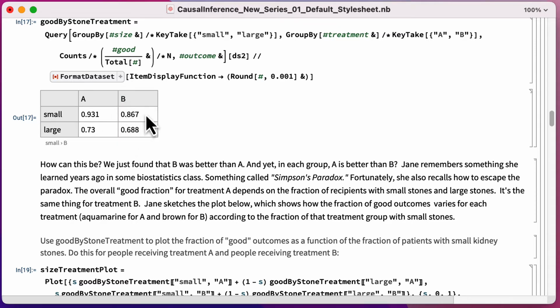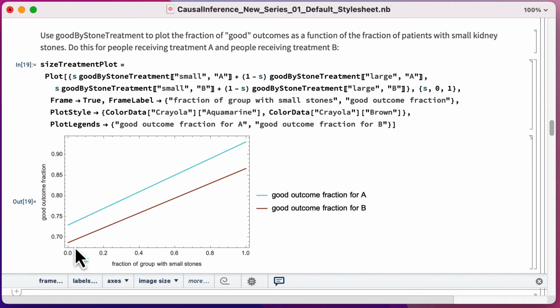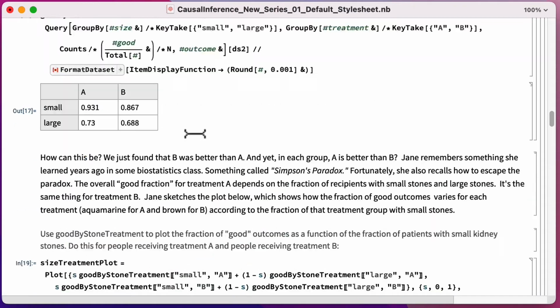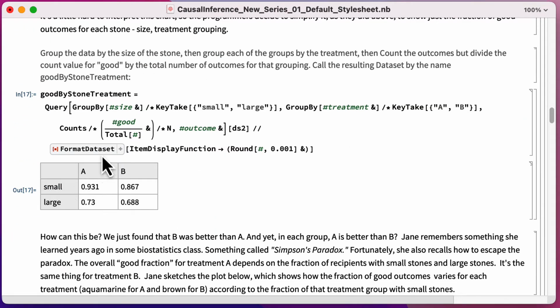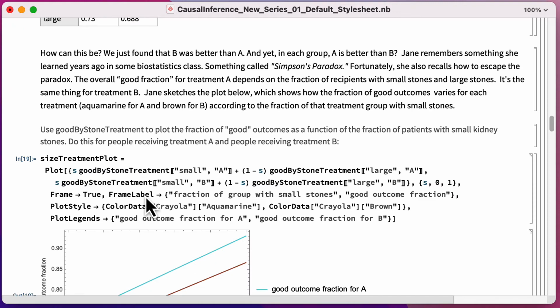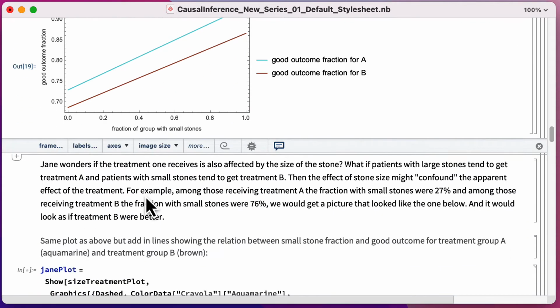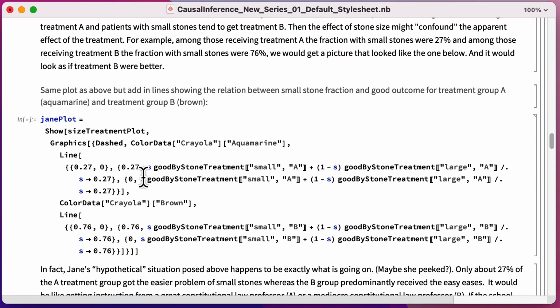As the fraction with small stones increases, the fraction of good outcomes increases. The aqua line here represents again, we're going to take the fraction of the group with small stones and vary it, and we're going to see how the good outcome goes. It looks like it goes from about 73% up to like 92%, which is exactly what we see in this chart.